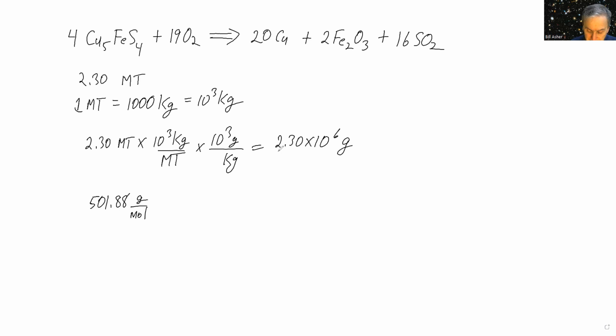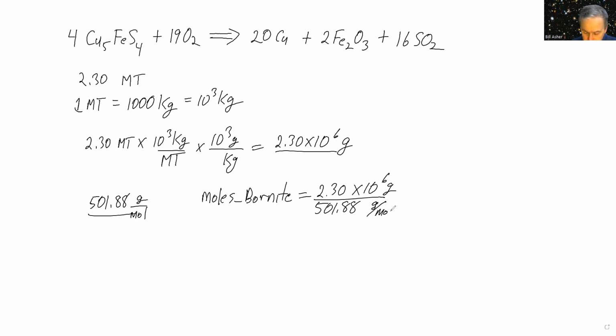So remember, if I have mass and I have molar mass, then I can get moles of Bornite, which is going to equal 2.30 times 10 to the sixth grams divided by 501.88 grams per mole.